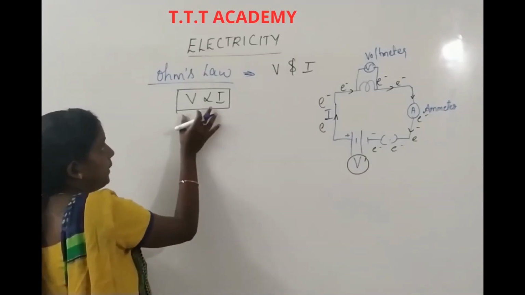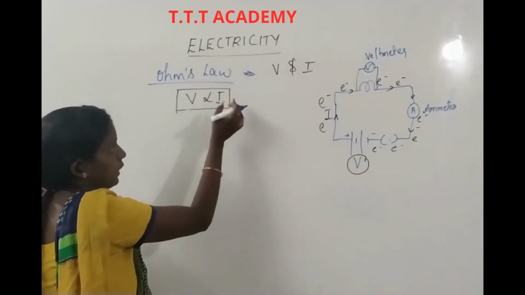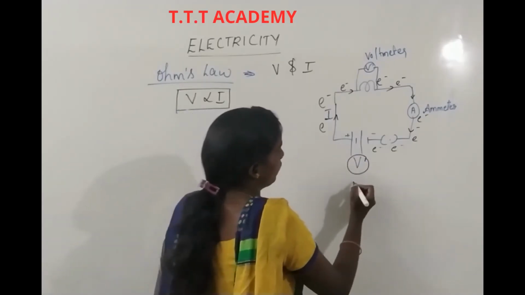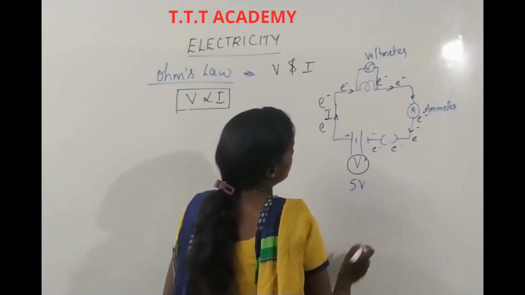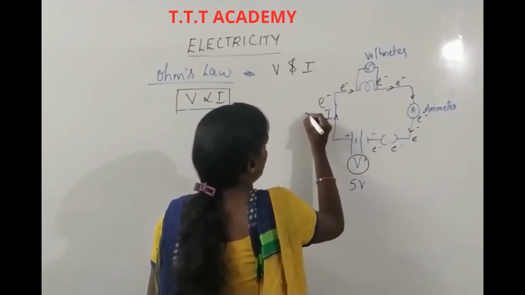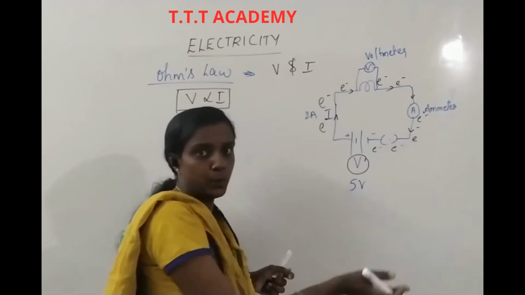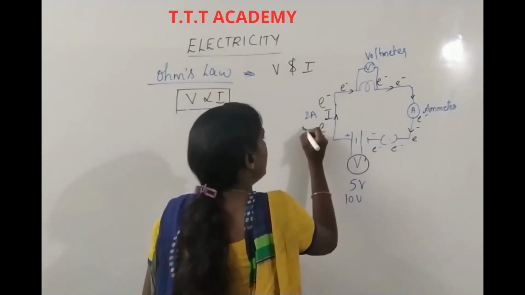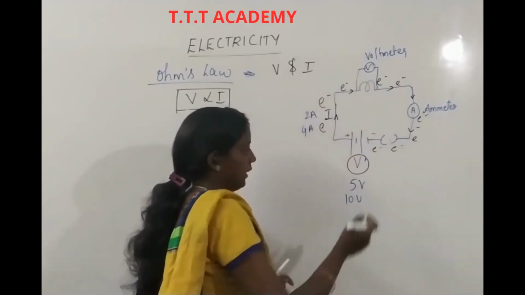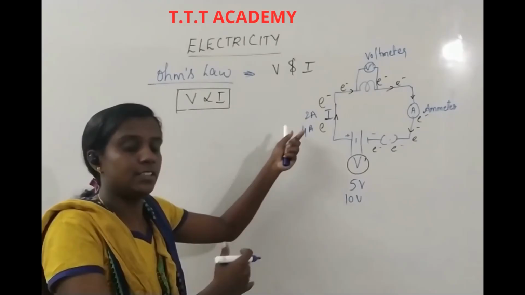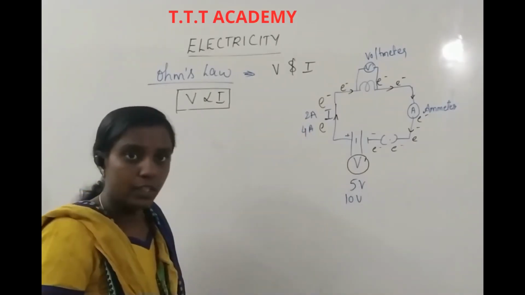That was explained by Ohm's law, that V is directly proportional to I. When there is more pressure, if 5 volts of potential difference is created, around 1 or 2 amperes of current will flow. If you take 10 volts, the electric current will increase to 4 amperes. As the potential difference increases, the electric current increases.